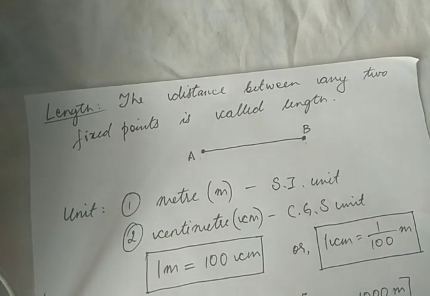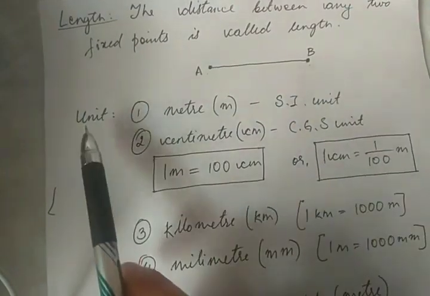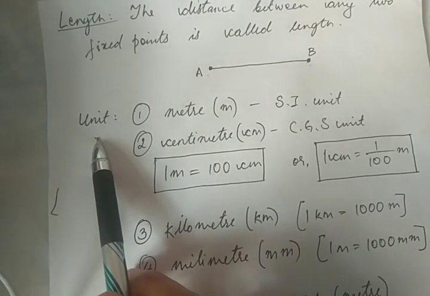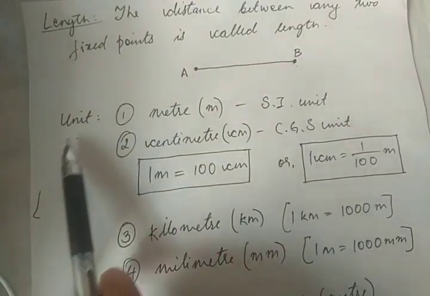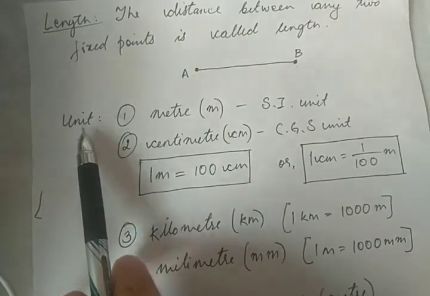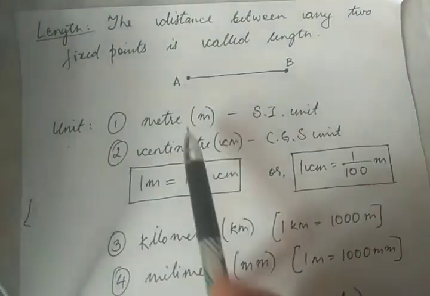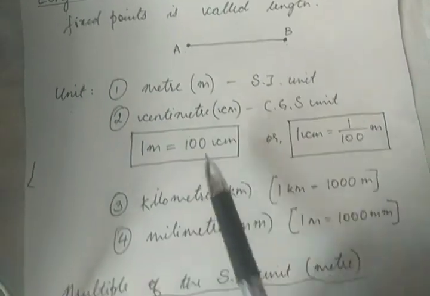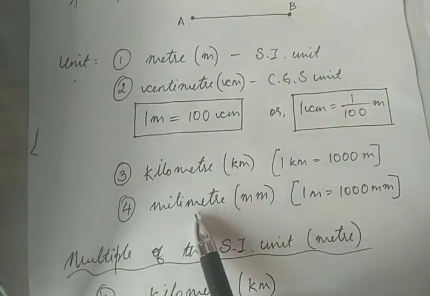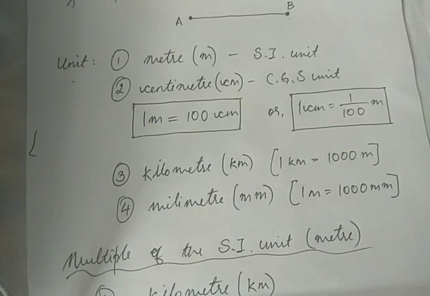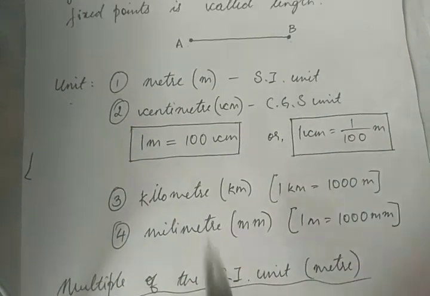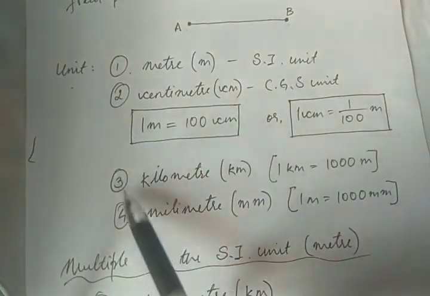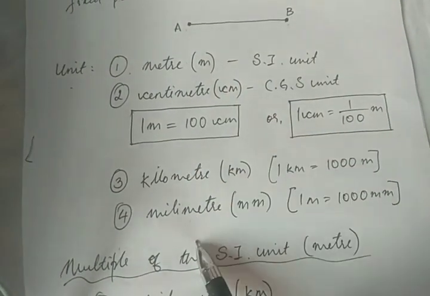Remember, since we need a unit to measure any physical quantity, the units we use to measure length are meter, centimeter, kilometer, millimeter. We have other units also, feet and inches, but most commonly we use meter, centimeter, kilometer, millimeter.